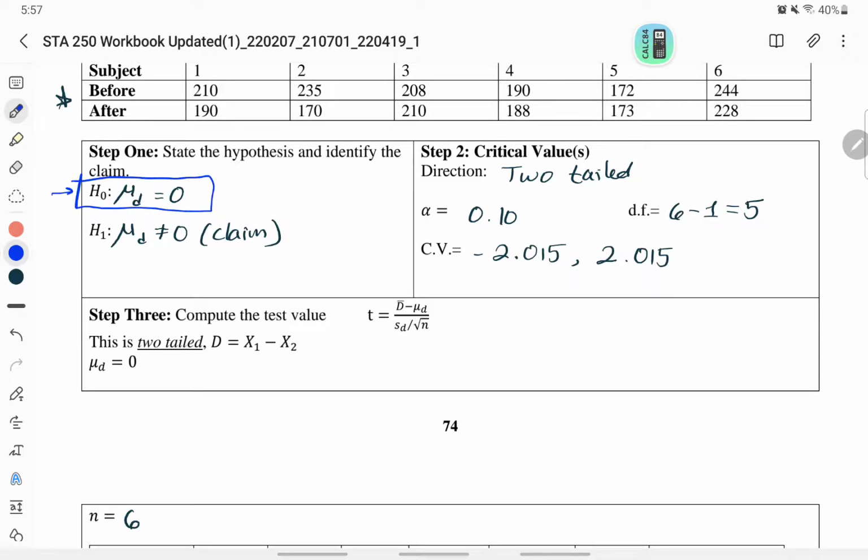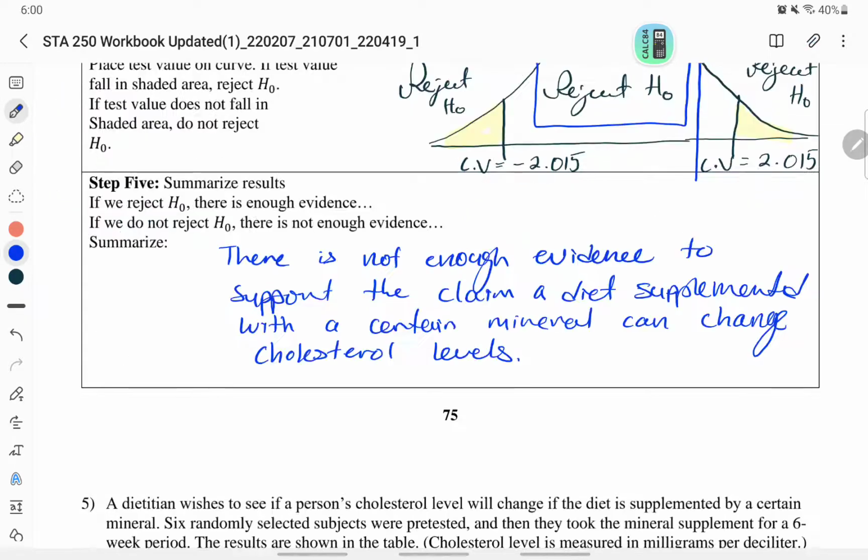And if you notice, we took the statement that is not our claim, which means there is not enough evidence to support the claim. There is not enough evidence to support the claim that a diet supplemented with a certain mineral can change cholesterol levels.